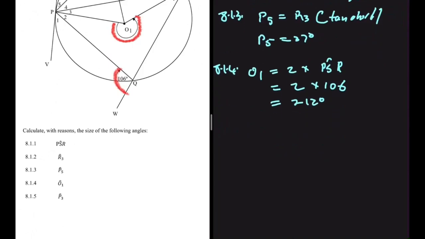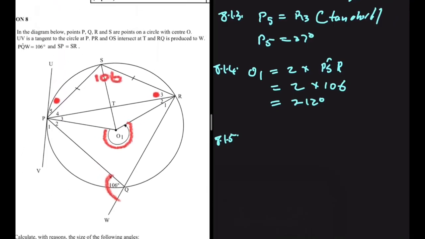Let's look at 8.1.5. So in 8.1.5, we're looking for the size of angle P3. That should be easy to compute. Why am I saying that? P3 is equal to R2 because they are all radii, right?